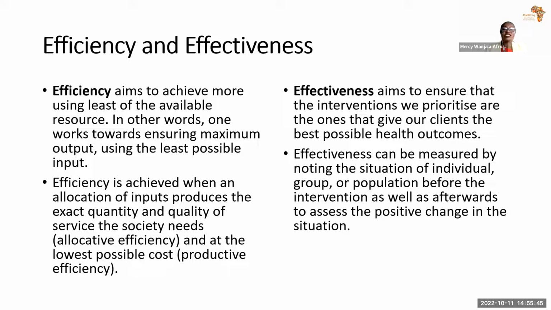For example, if I decide nationally to roll out this intervention for cervical cancer, if I vaccinate all the young girls between 10 and 14 years, in the next 5 years I'll reduce the burden of cervical cancer by this much. So there you're looking at effectiveness, one, of the service you're giving, and two, of how you're delivering that service.